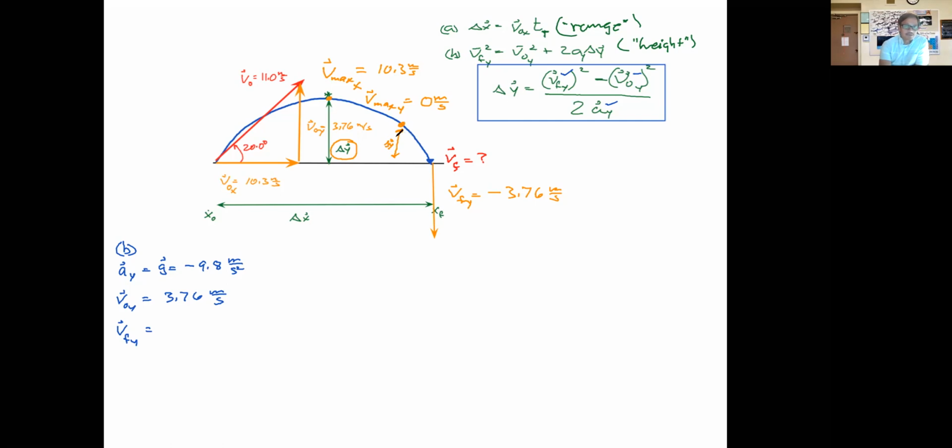But since we're trying to find this vertical distance here, we only need to know the velocity along the y direction at that point, and we can plug that in for v final y. So v final here just simply indicates a final velocity at some point that we want to stop examining, stop the motion.